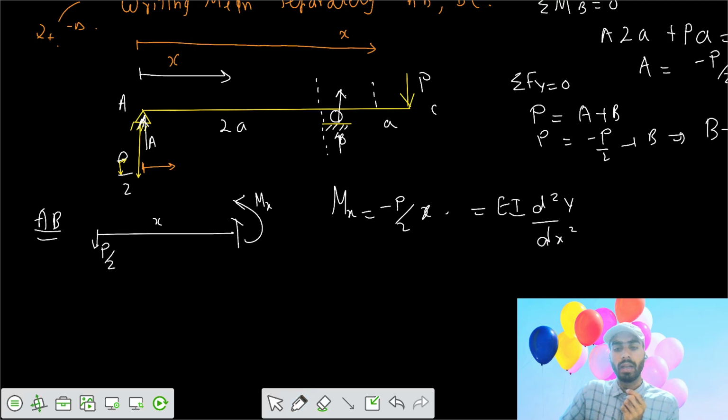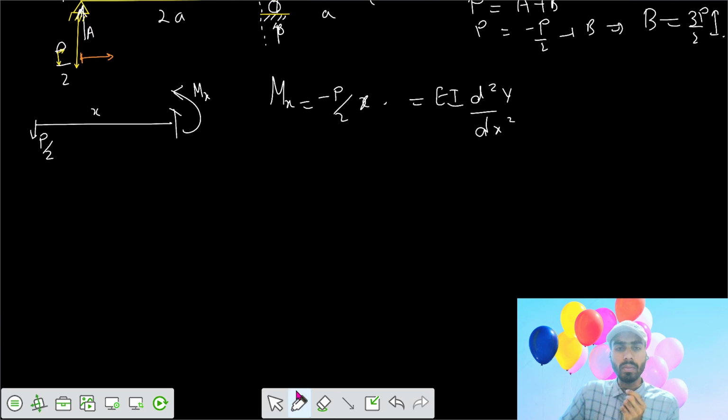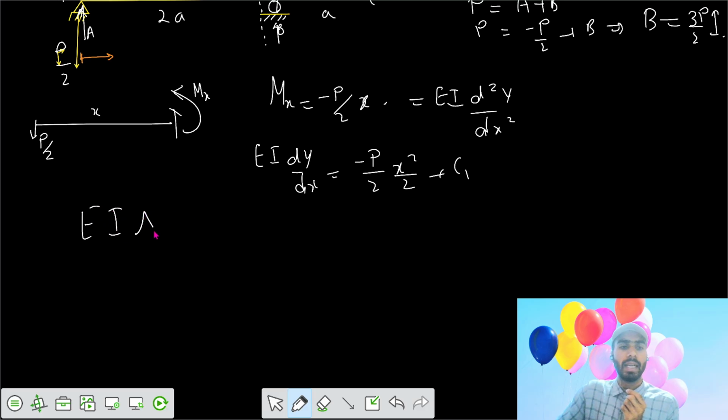So integrating, we get EI dy by dx equals minus P by 2 times x squared by 2 plus C1. Integrating one more time, we get EI delta equals minus P x cubed by 12 plus C1x plus C2.